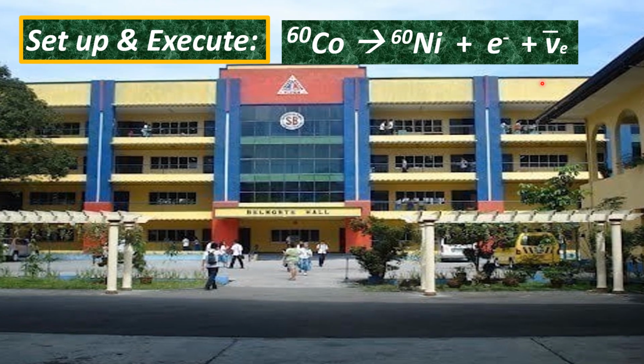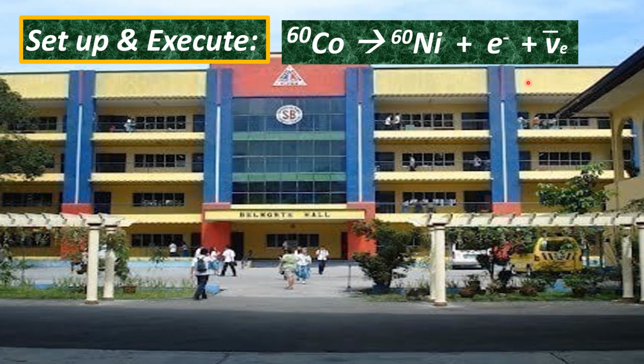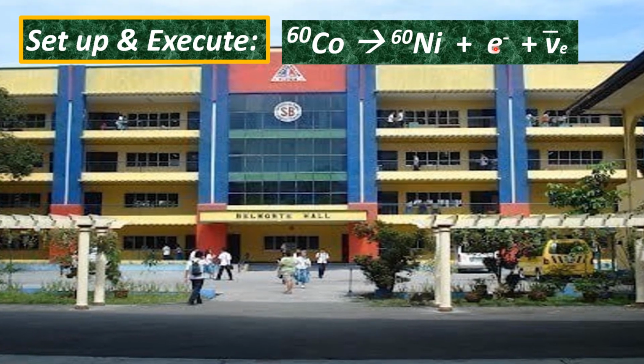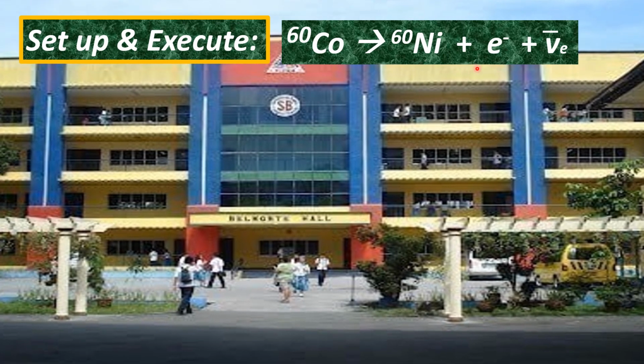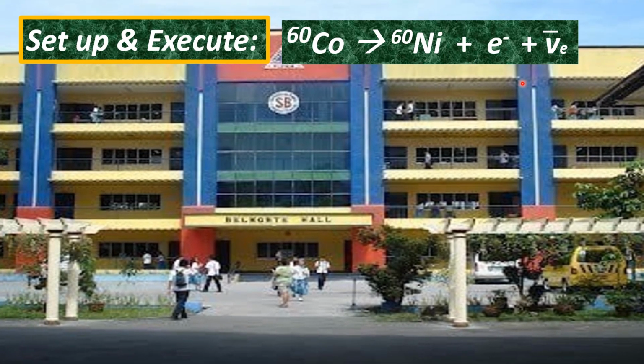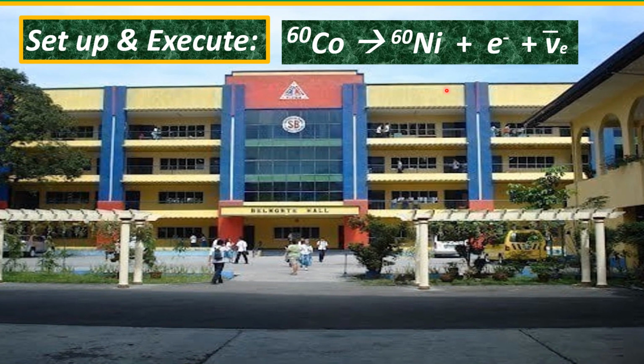So the decay is initially to a nuclear excited state of the isotope nickel-60, from which it emits either one or two gamma ray photons to reach the ground state of the nickel isotope.